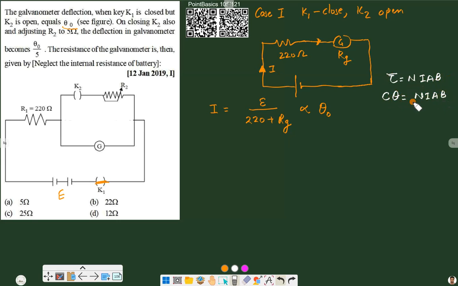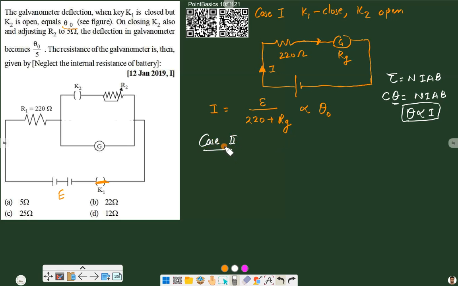Keeping all other variables constant, C is the torsional constant of the coil, N is the number of loops, I is the current, A is the area, and B is the magnetic field. So theta, or deflection, is proportional to the current, and that's why we first found the current, which should be proportional to the deflection in the galvanometer.